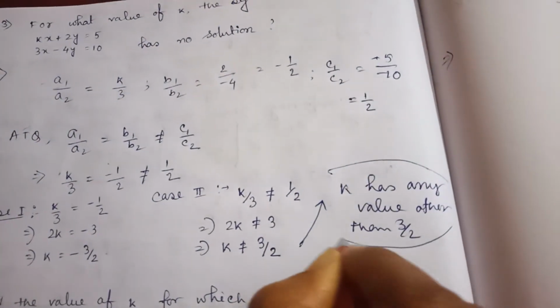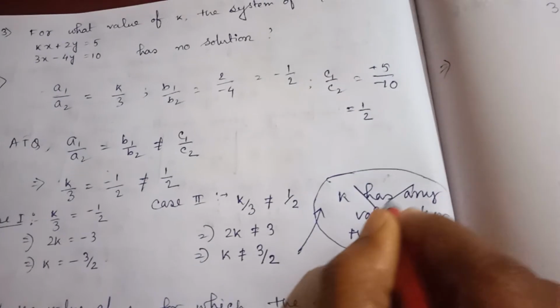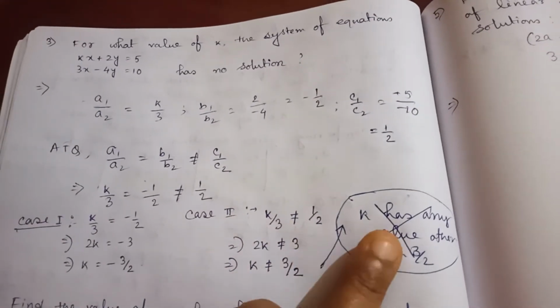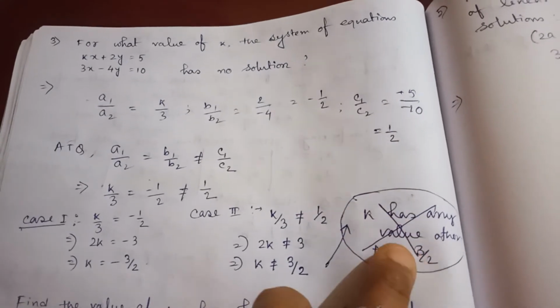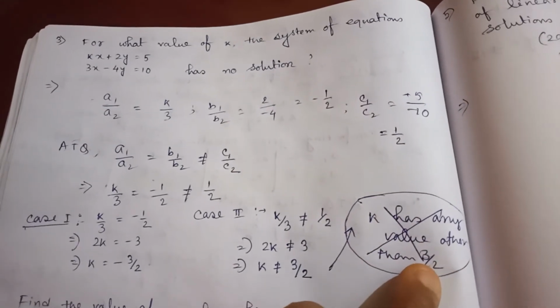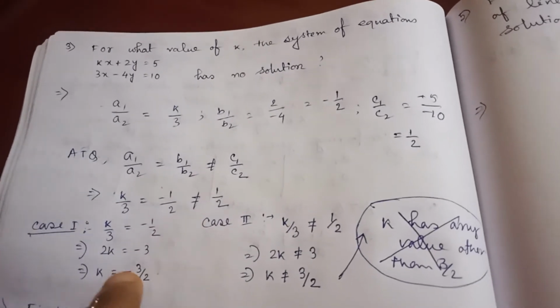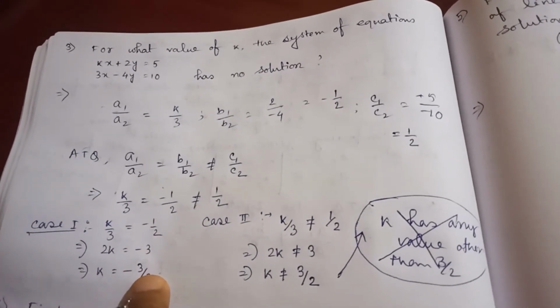But this one is wrong, because k can't have any value other than 3 by 2, because there is a particular condition k is equal to minus 3 by 2.